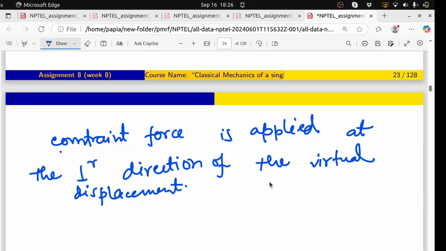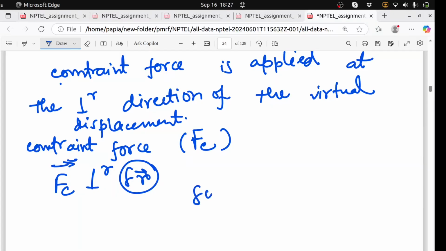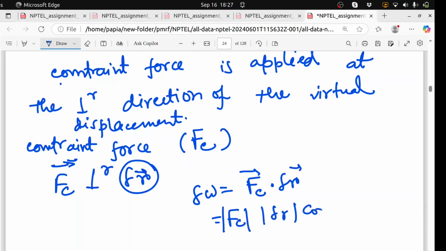If I call the constant force Fc, and Fc is perpendicular to the direction of delta R, then delta W equals Fc dot delta R, which is the magnitude of Fc times the magnitude of delta R times cos theta.